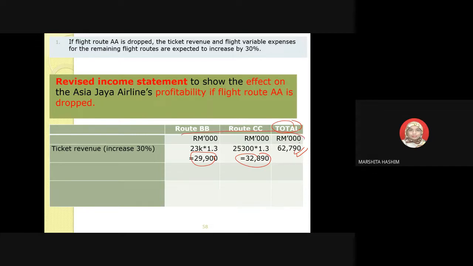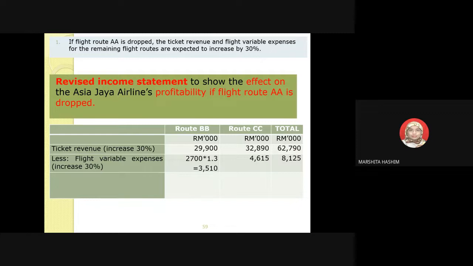Million we put at the top. And then tickets variable expenses, 2700 multiplied by 1.3, and route C also you multiply by 1.3. Total up these two, then you will get 8,125,000. Then you minus, you will get contribution.